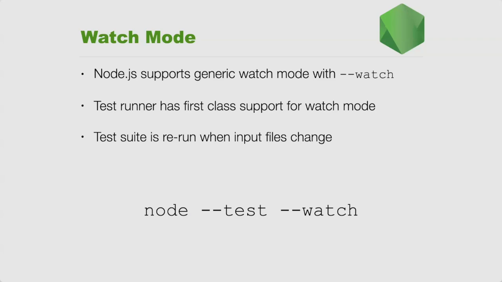It does have first class support for the watch flag. So if you're writing your tests and you change your input or you change a test file, it'll automatically rerun those for you whenever you save. All you have to do is add --watch onto the end of whatever CLI command you gave it.